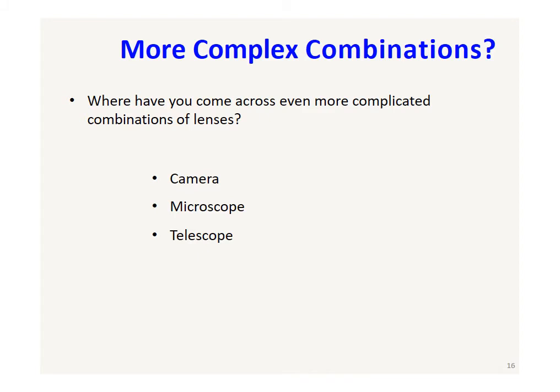Now, I'm sure any of you realize that the average camera or microscope or telescope you've seen is way more than just 1 or 2 lenses. They have incredibly complicated combinations of lenses. A microscope objective, for example, may be a really cleverly engineered design and may cost hundreds or even thousands of dollars just for that objective lens.